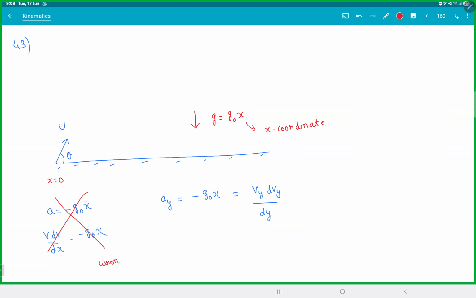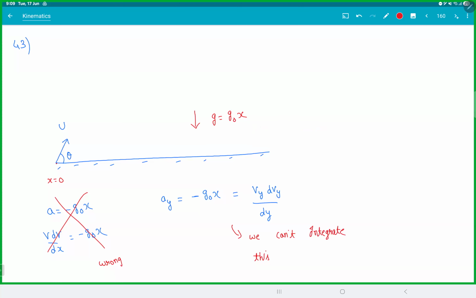This is great, but what is the problem? I don't know how to integrate this. There is a vy, there is an x, everything is there. We can't integrate this directly. So we are stuck actually in this entire question.